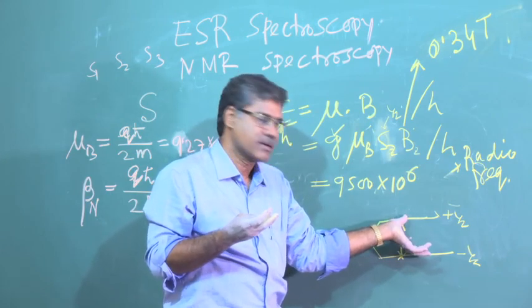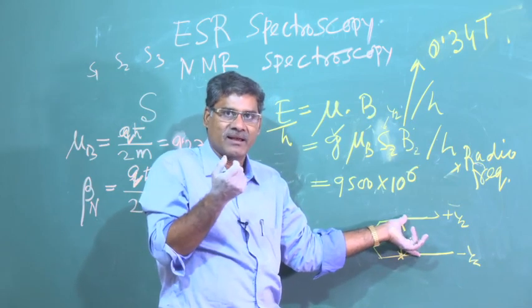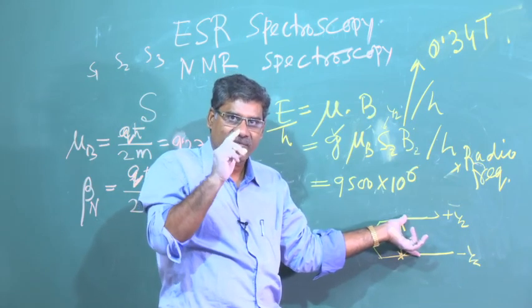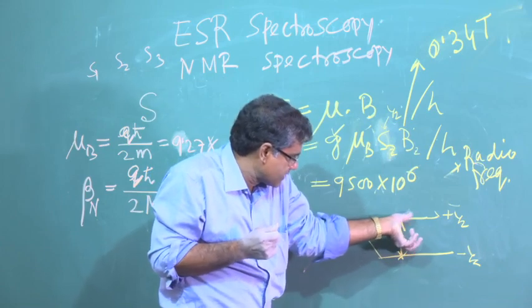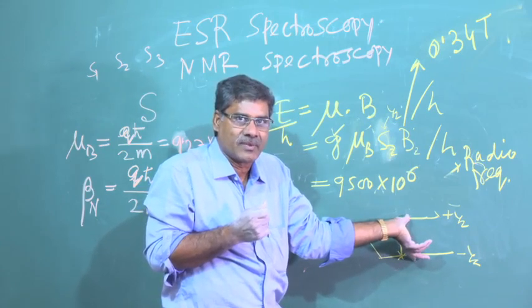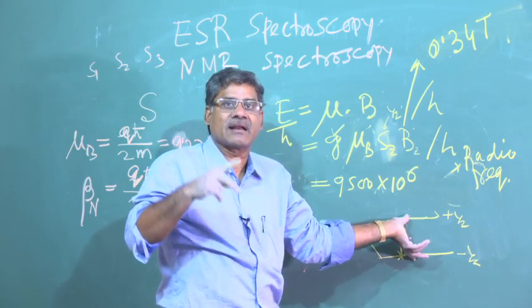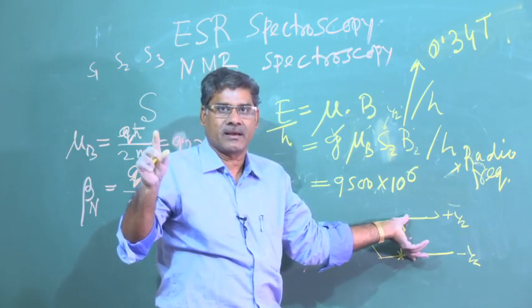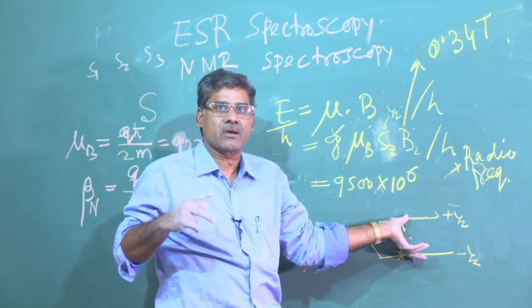So, it will resonate. When the frequency matches the separation of these energy levels, then there will be resonance, and that resonance we detect, because resonance is a very strong phenomenon.